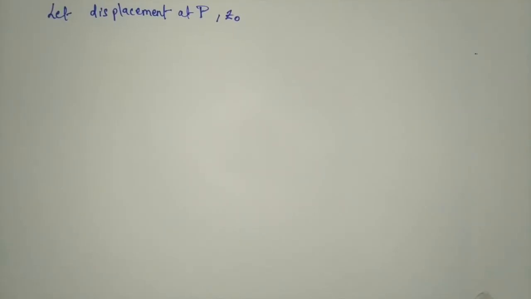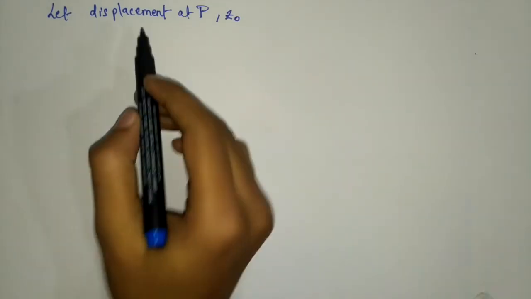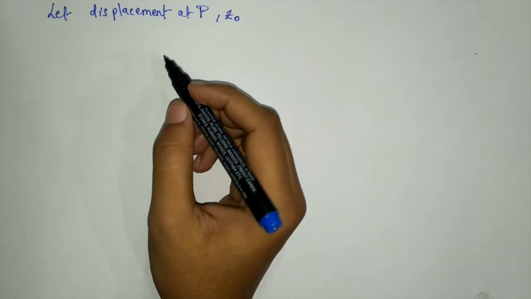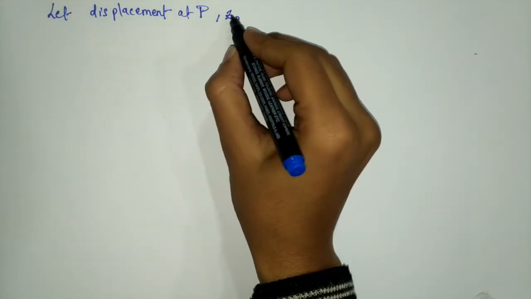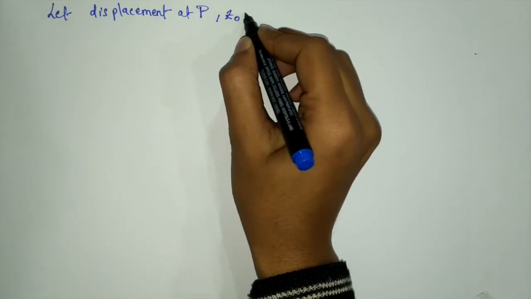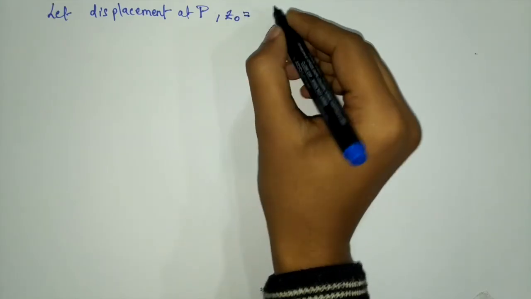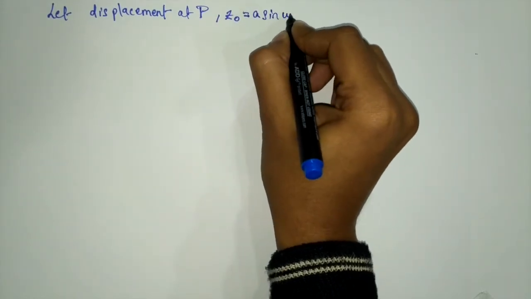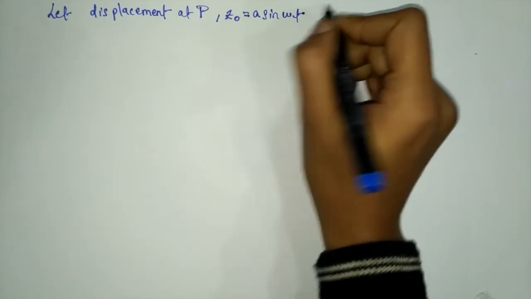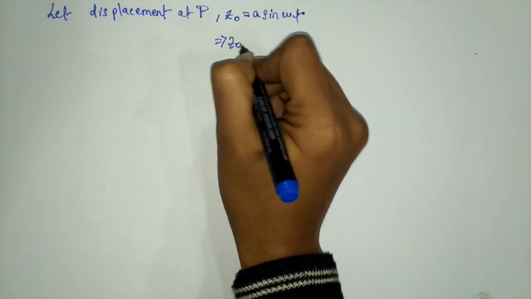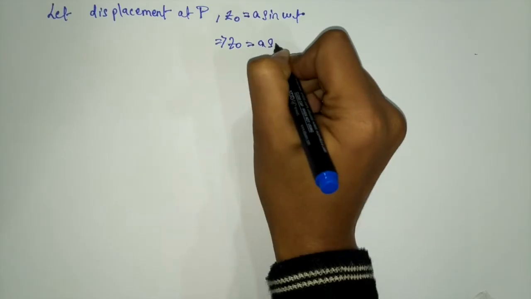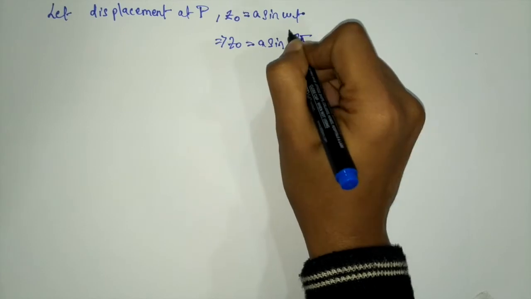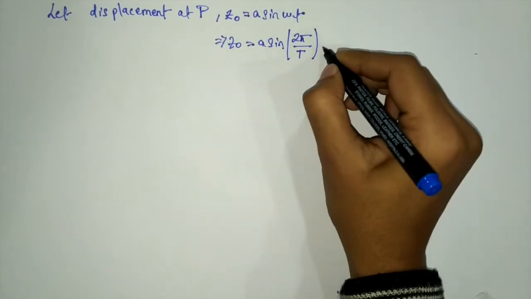So now, considering the previous diagram, let the displacement at the point P due to the wavelets at slit O be Z0, where Z0 will be equal to A sine omega t, which implies that Z0 will be equal to A sine 2 pi by capital T into small t, where T is the time period.